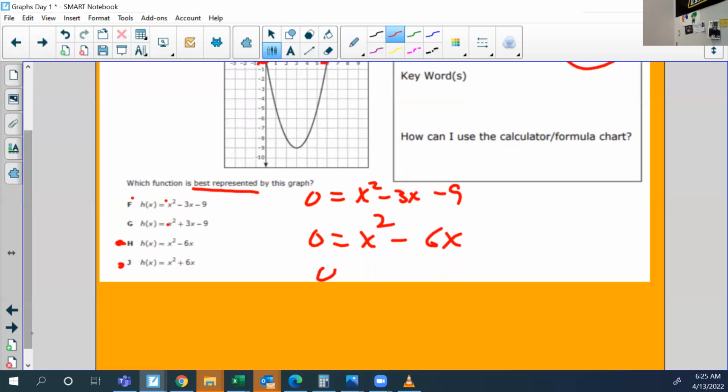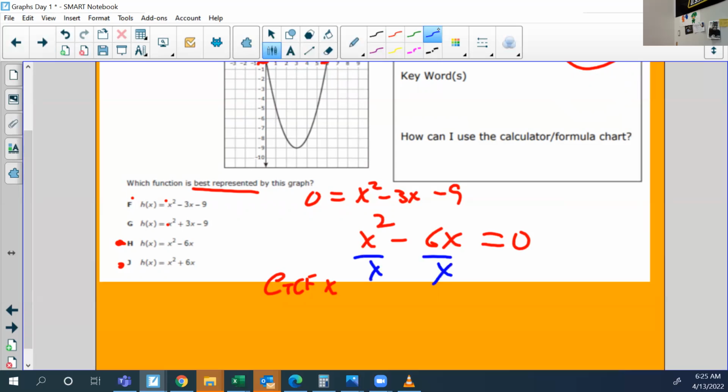I'm going to put a 0 on my right side, equals 0. I see x is my GCF. So if I factor out x, divide by that x, I'm going to get x minus 6.